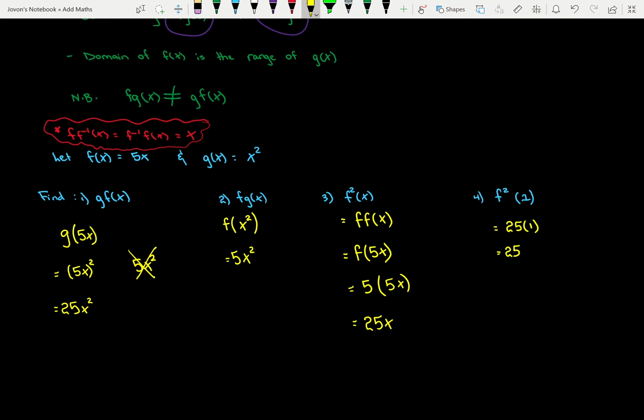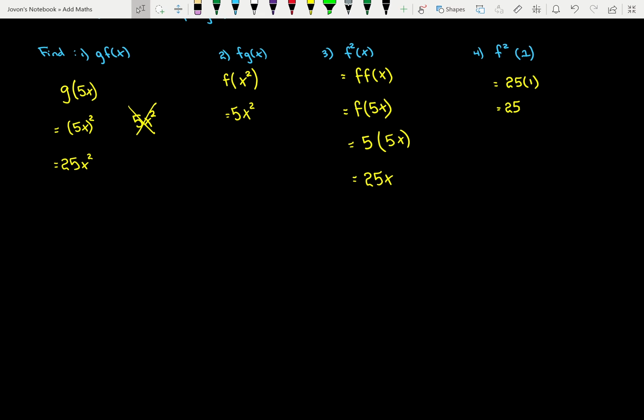So let's say I have the function f of x is equal to 3x plus 1. I want to find the inverse. From our first step, let y equal 3x plus 1, interchange x and y, and then make y the subject.